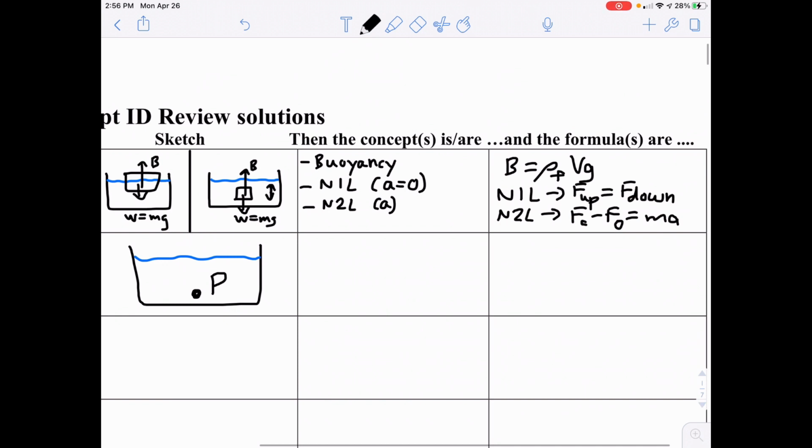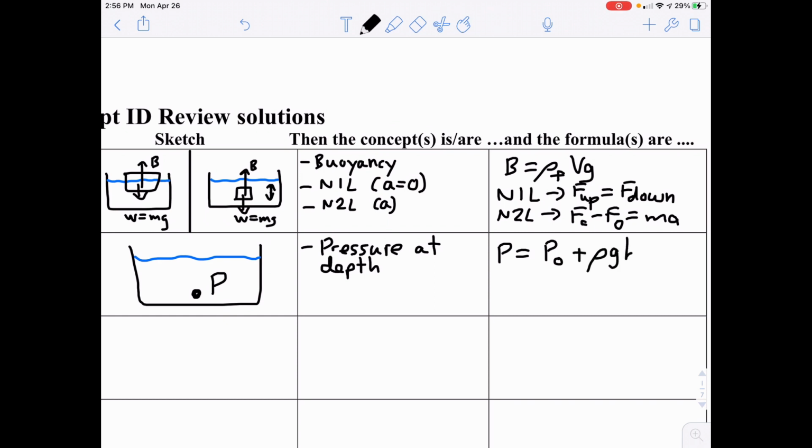Well, that is a pressure at depth problem. And the way pressure at depth works is the total pressure at point P is the sum of atmospheric pressure, which is P naught, plus hydrostatic or water pressure, that's rho times g times h.